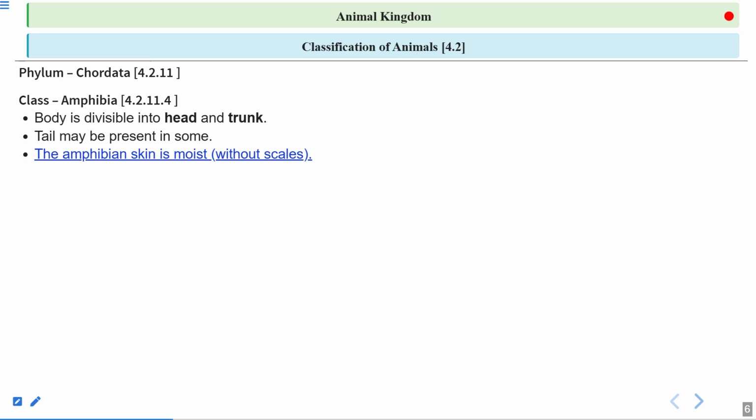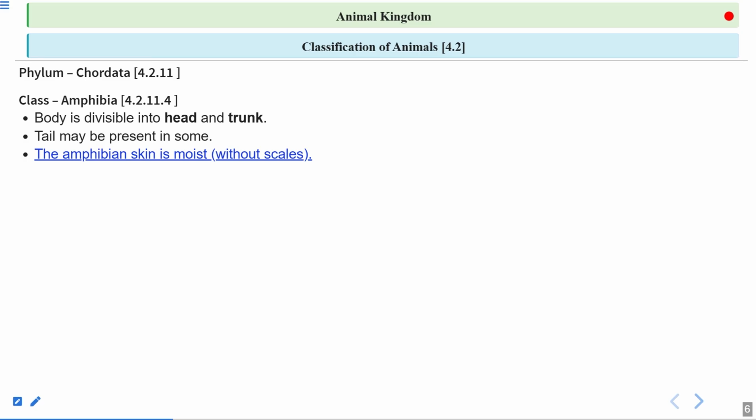Though the frog can respire through the skin and through the opening of the mouth also, the main organ of gas exchange in the adult form is the lungs. But when they are in the larval stages, in the form of a tadpole, gills are there for respiration. This we see in the case of metamorphosis.